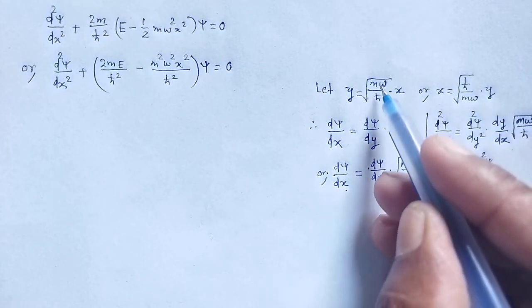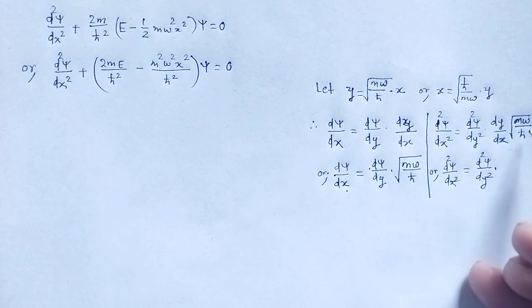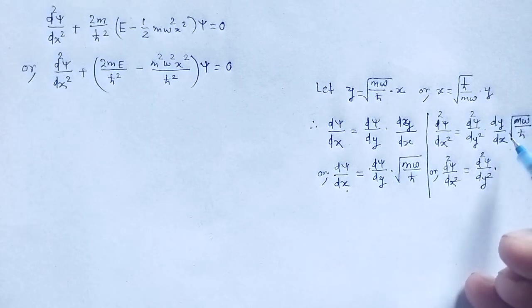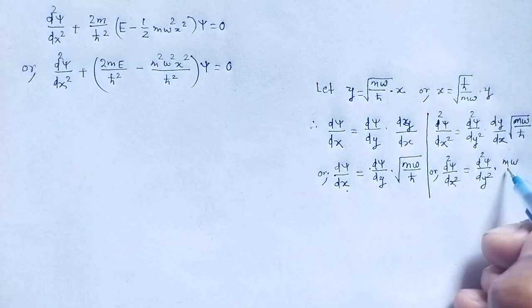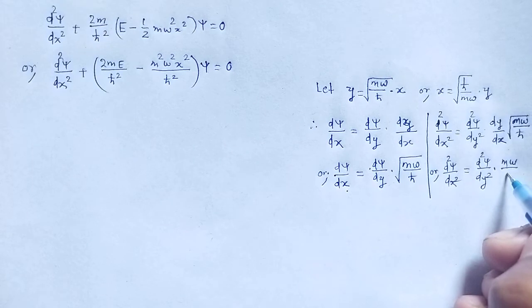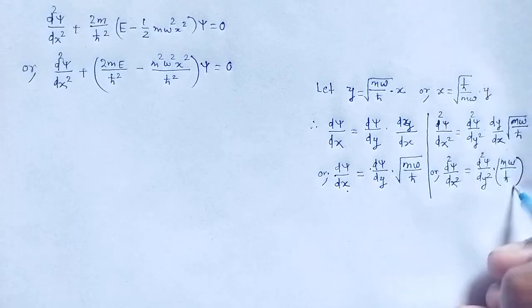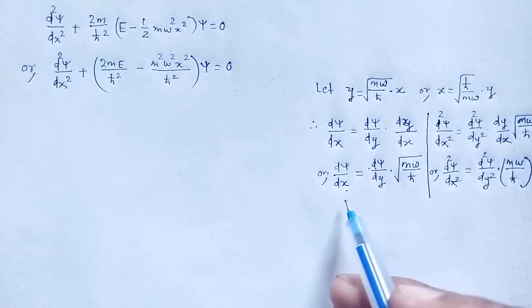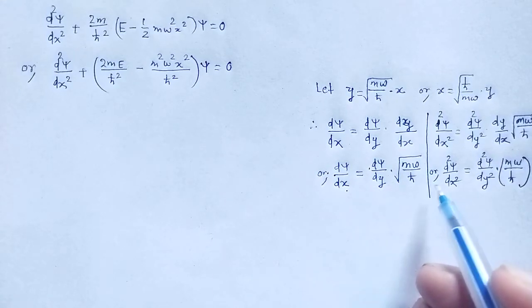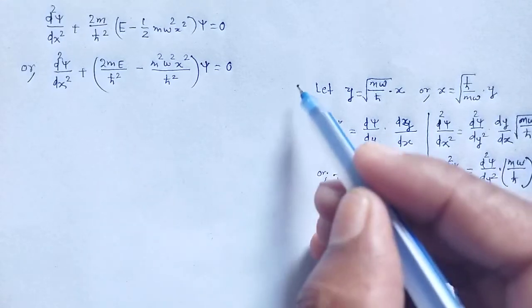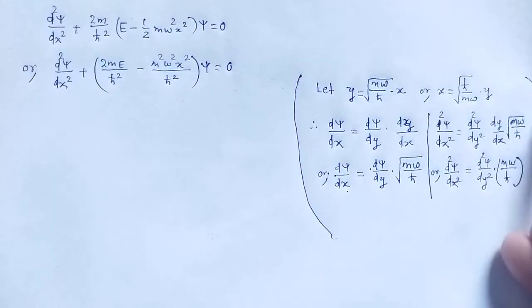So the square root of m omega by h cross into the square root of m omega by h cross gives m omega by h cross only. We have d psi by dx and d square psi by dx square. Now implement these two terms here. This is the substitution.